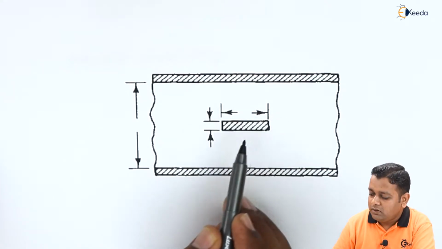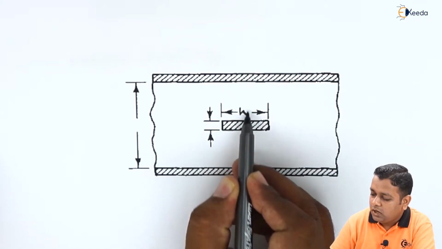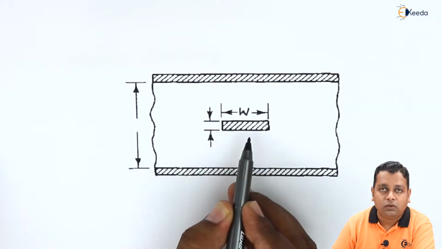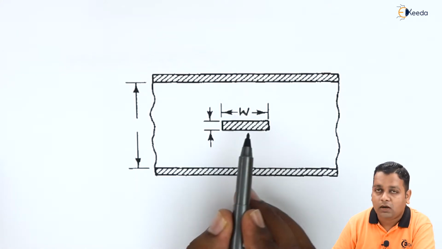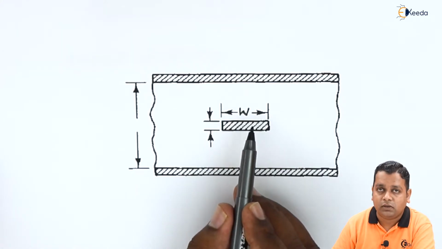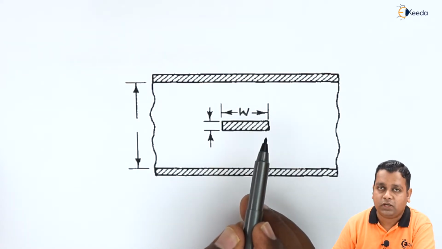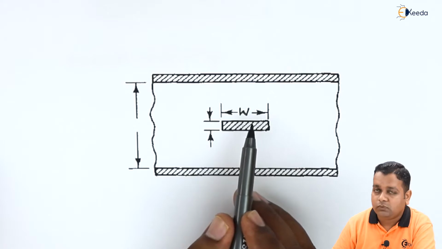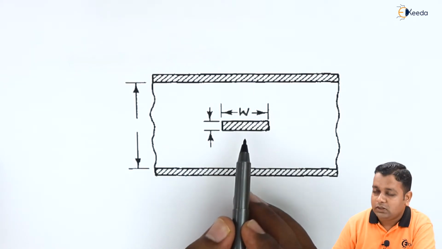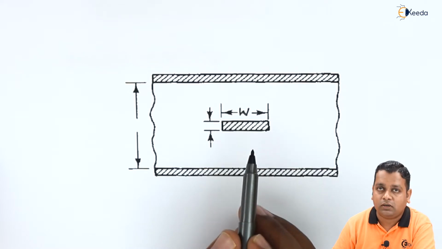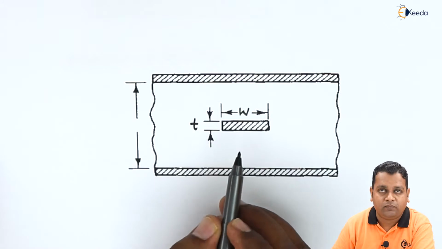This is the central strip conductor. As usual we have been denoting the dimension along the horizontal line, that is the broader value, represented by capital W, and it is carrying the higher positive potential here. Most of the information is associated with the flow in this central strip conductor, and it has the thickness denoted by small t.